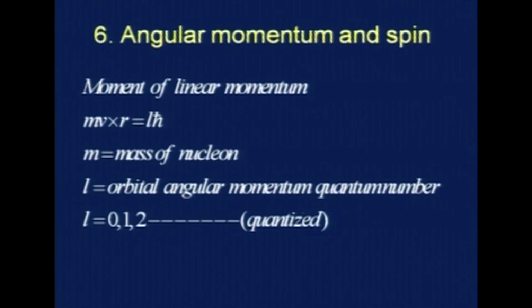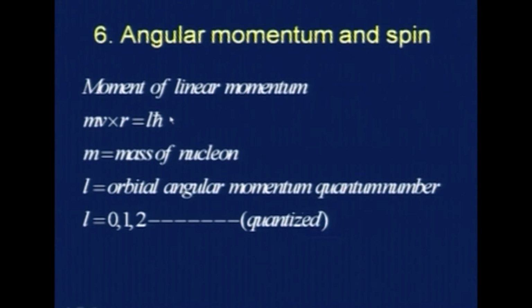Moment of f is f cross r, that is, the cross product with r, the distance r. If you take some quantity L, then L cross r will be the moment. Here it is the moment of linear momentum, that is mv cross r. mv is the linear momentum, cross r, that is angular momentum.